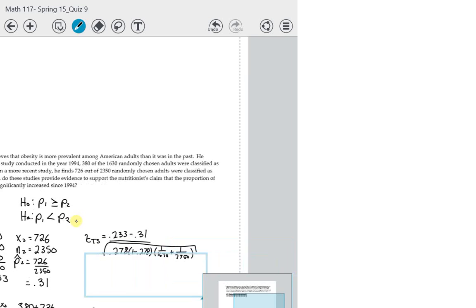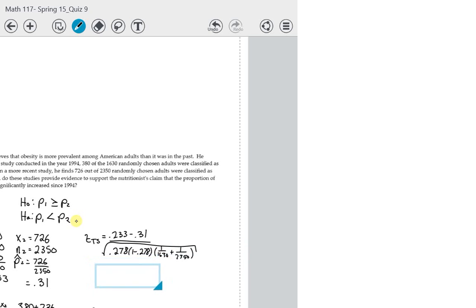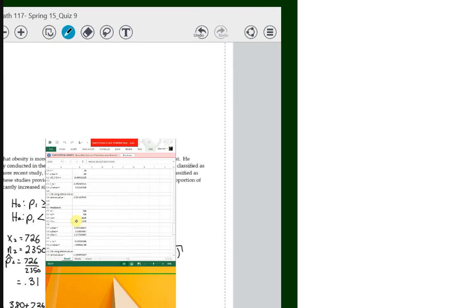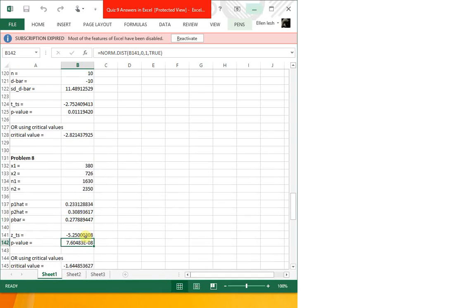You can use a calculator or you can use Excel to calculate this. I've used Excel. If you want to see my formula, you can see it's written up there. I've used cell references, like I've just clicked on the cells, but you'll get the same answer if you use a calculator. So negative 5.25.